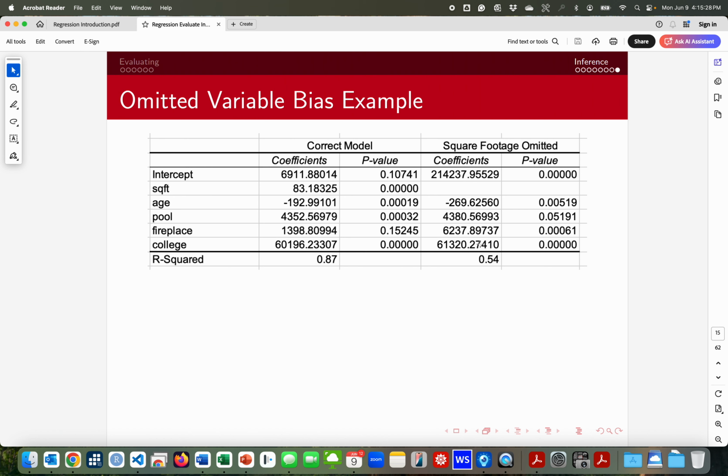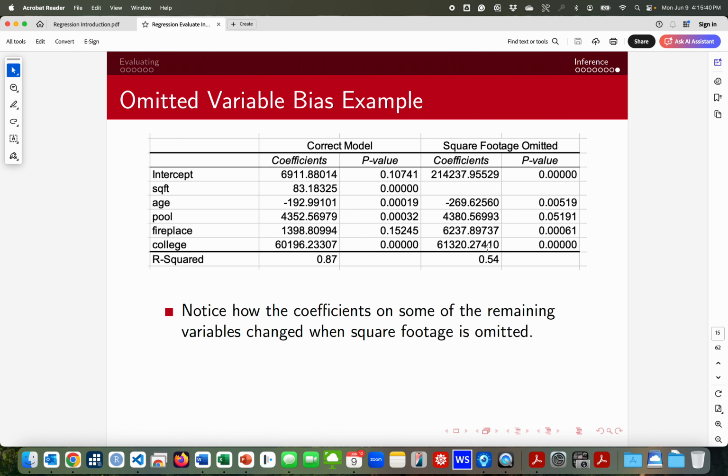If you look at the college town dummy, it didn't change a lot. Homes in college towns tend to be about the same size as homes not in a college town, so the coefficient didn't change. But that's omitted variable bias. The coefficients on the other variables changed when you omitted one of the other variables. And the R square fell as well, from 87% of the variation being explained to 54%.